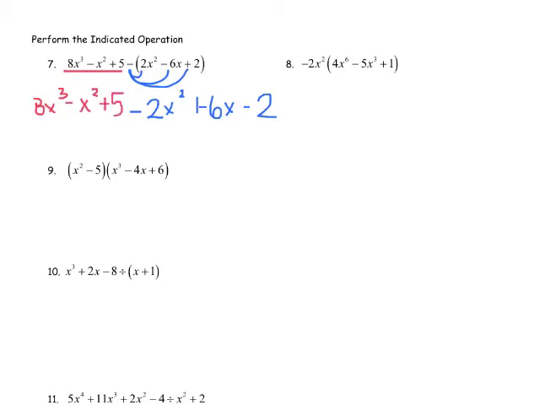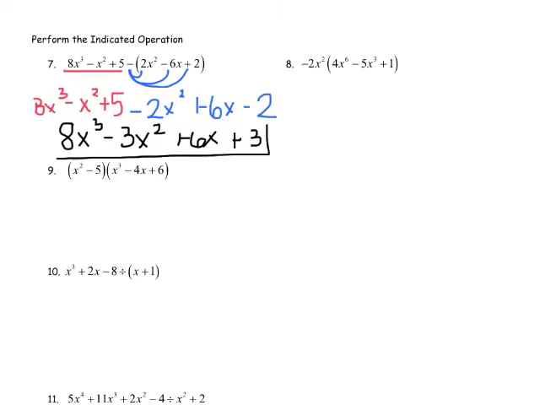So if we combine some like terms here, this is the only cubed term I see, so I'll just write that, 8x cubed. Here I've got a minus x squared minus 2x squared, so that makes minus 3x squared. This is the only x term I see, so plus 6x. Here I've got positive 5 minus 2, which makes positive 3.